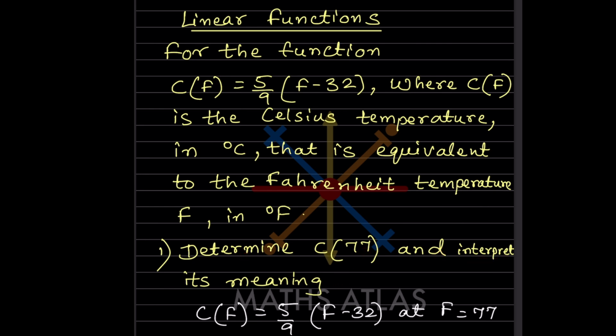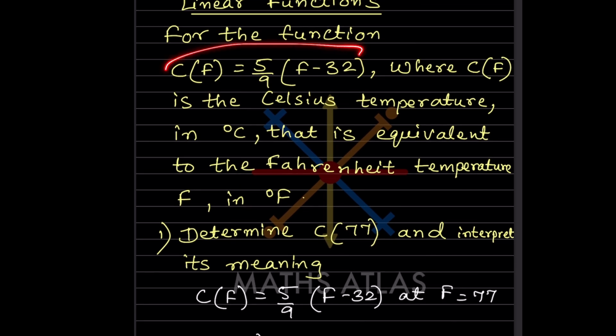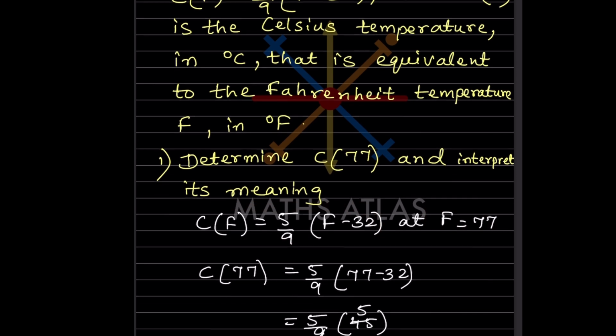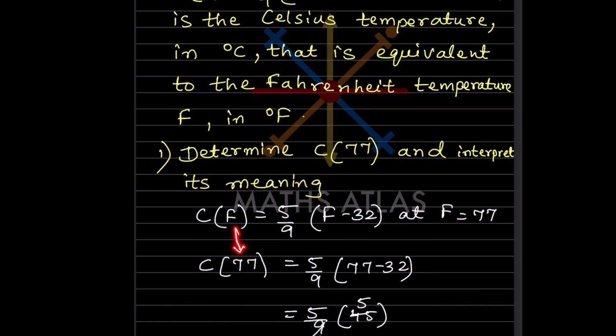So now see here, C of 77 means you have this formula. So F will be 77. So you can write here the same over here first. So F is here 77. So wherever you say F, you are going to put 77.